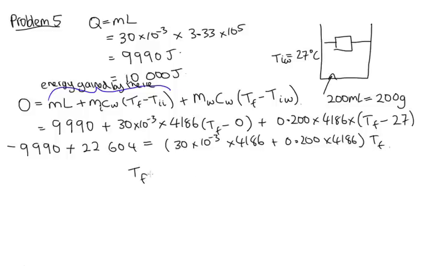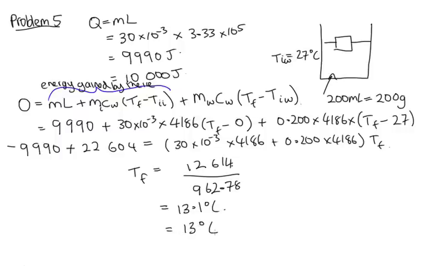TF is equal to this side, which is 12,614 over the term in this brackets, which when you put it into the calculator, you get 962.78. So solving this on the calculator, we get 13.1 degrees C, but we should give our answer to two significant figures, so that's 13 degrees C.